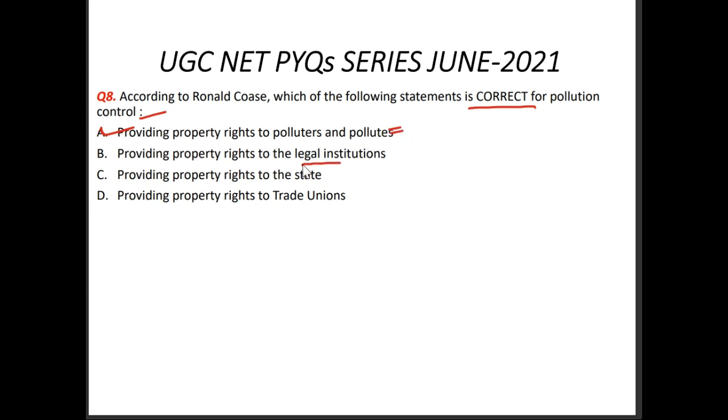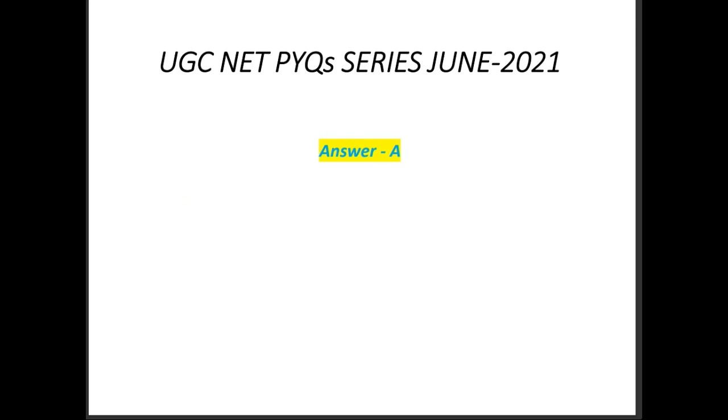Providing property rights to the legal institutions, no. Providing property rights to the states, no. To trade unions, no. So polluters or pollutees, the bargaining between polluters and pollutees will determine the level of pollution or level of production, okay, according to Ronald Coase. So option A is the correct answer. Next question.